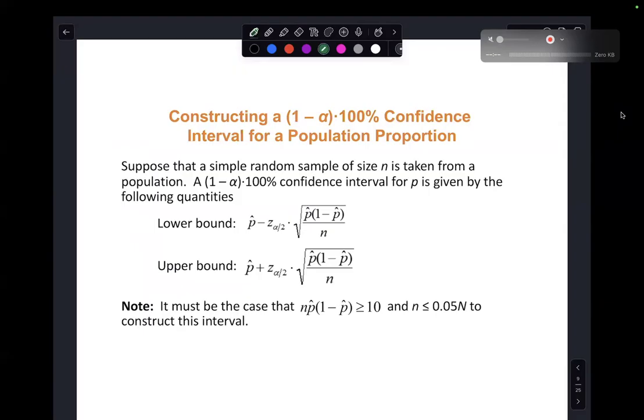So if I was 95%, I don't remember the numbers, so we're going to get a certain z score, which is called a critical value.